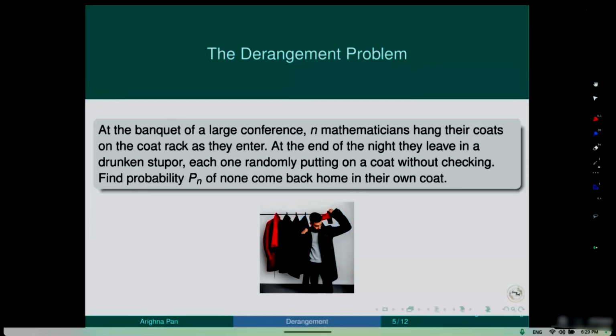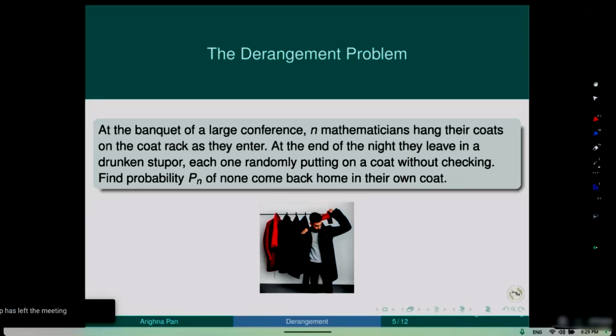In this way, we will try to solve this problem and find the probability. The problem is that we have to find that none come back home in their own coat. To apply the principle of inclusion and exclusion, we should look at the complement of this event.